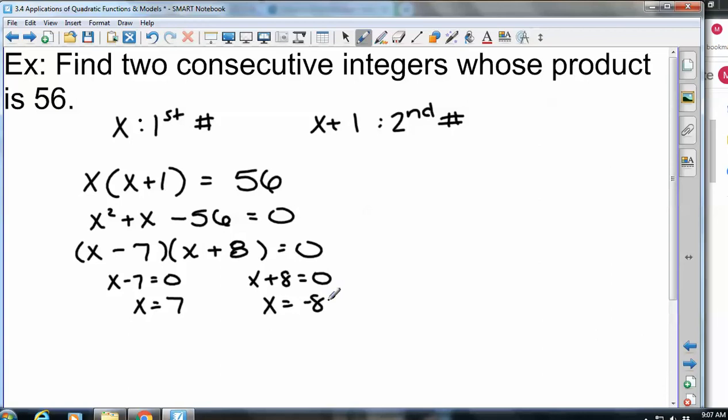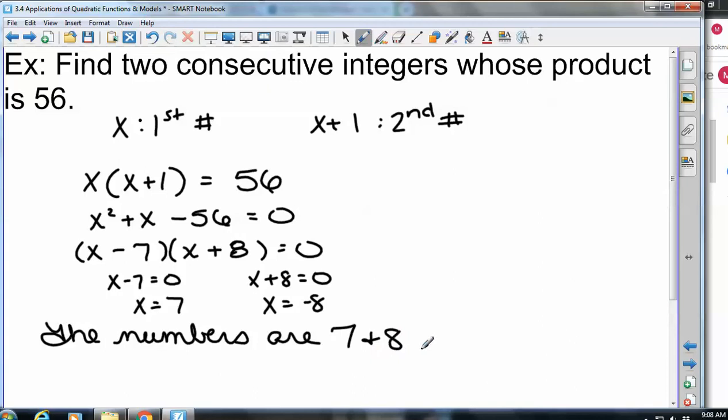I give you a word problem, how do I want you to answer it? In a sentence form. So, the numbers are, if the first number is 7, the second one is x plus 1, so that would be 8. So the numbers are 7 and 8.